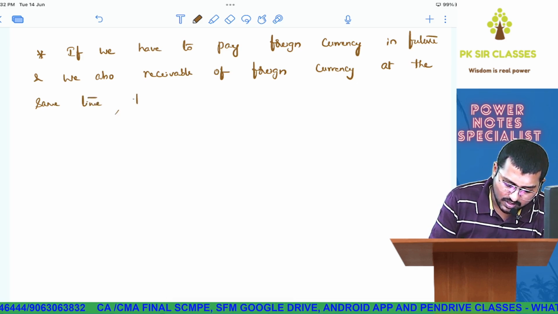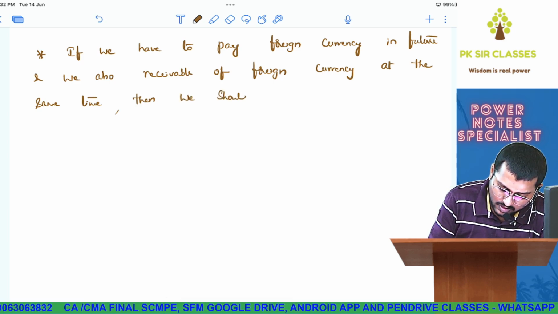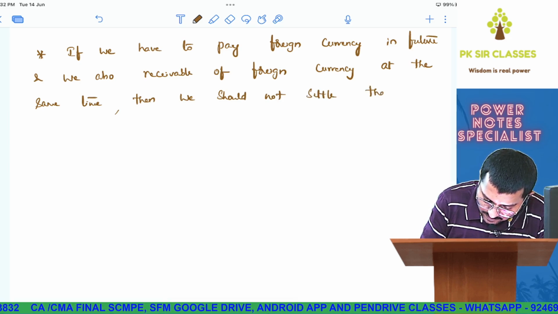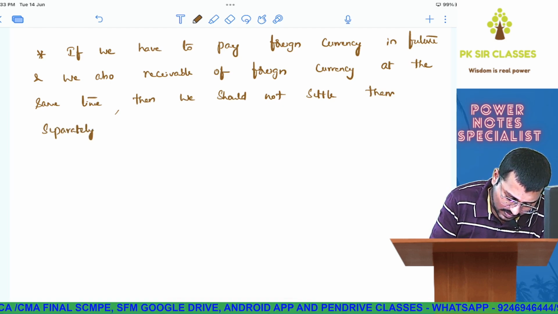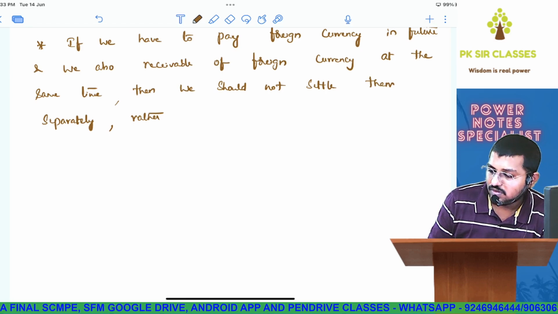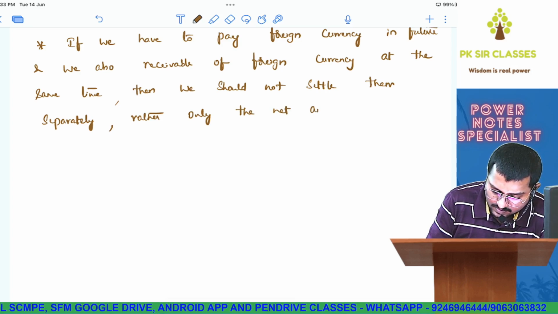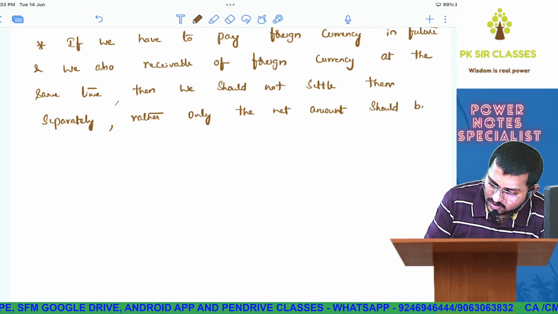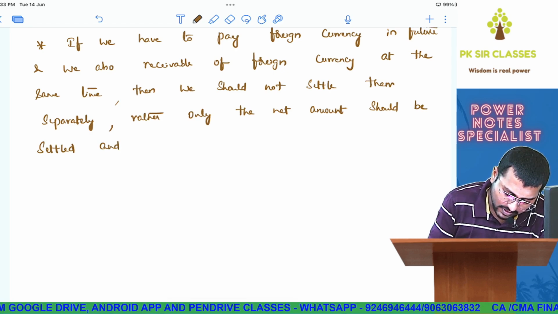Then what happens? We should not settle them separately. Rather, what we have to do? Only the net amount should be held. What is the benefit of this?